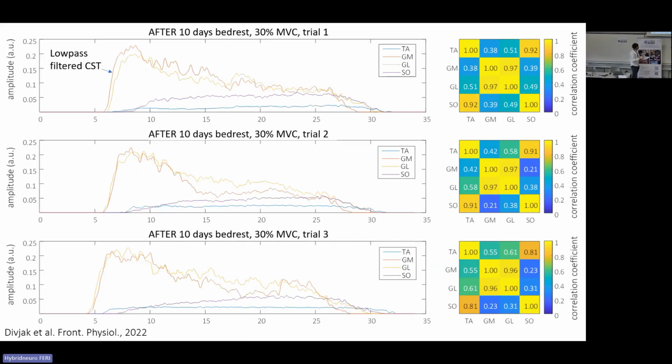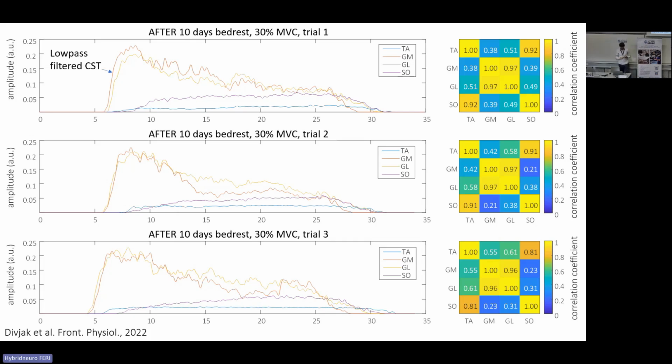And if we continue, these are after 10 days of bed rest. And what we can observe is that even after the bed rest, the matrices are kind-ish the same. Of course, the values are not perfectly the same as before, but the general picture of the values is the same.